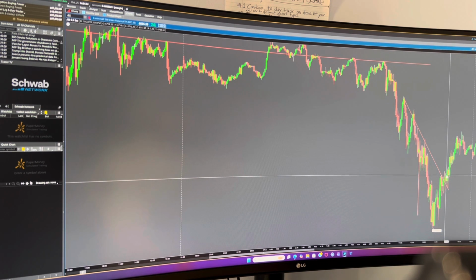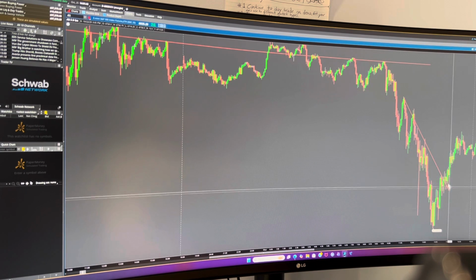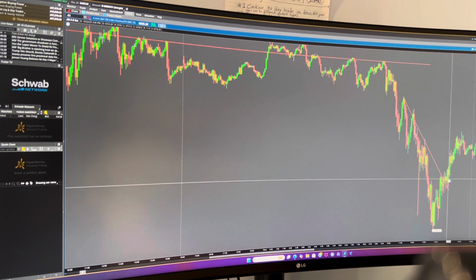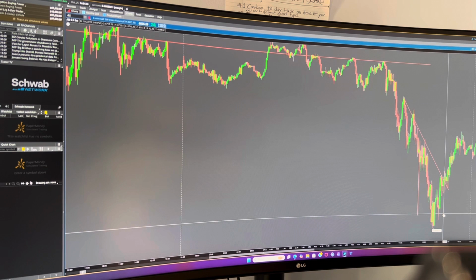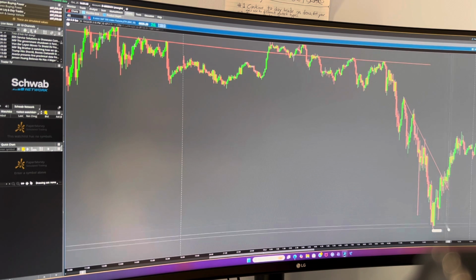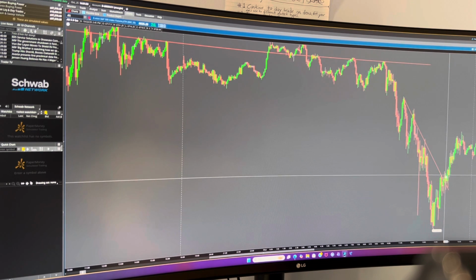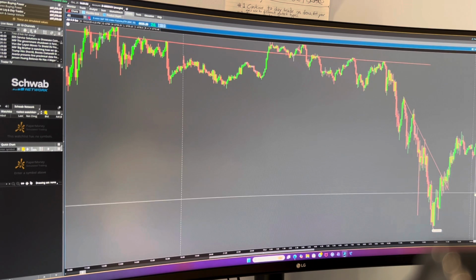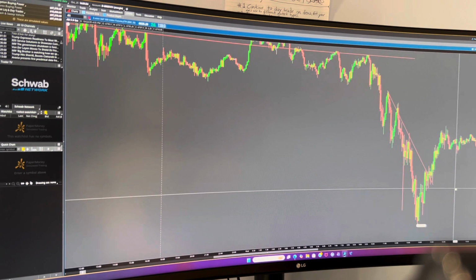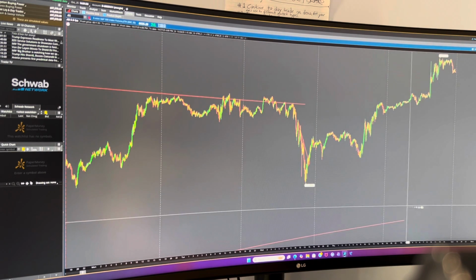So I put it there, and once that hit, it just got me out of the trade. So sure, this candle went red, but then it used the trend line as support and pushed up. So could have got out here, but that's what happens sometimes when you go for a huge target and still got a really big move out of it. So that's the breakdown of how that trade went.